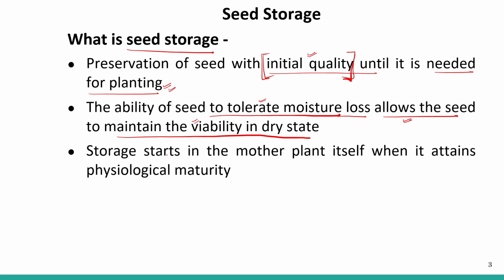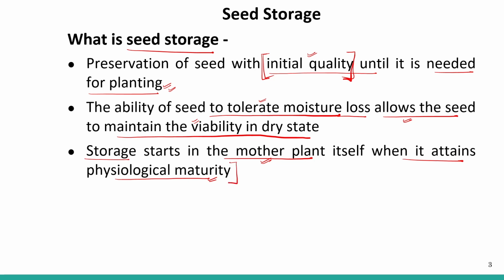Storage starts in the mother plant itself when it attains physiological maturity. When the seeds are formed and are at the mature form, while attached to the mother plant, they are meant for storage.